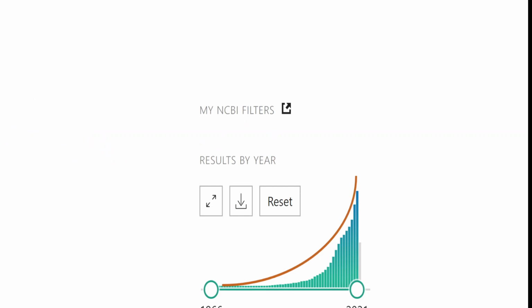Then, let me give you a brief overview of how meta-analysis evolved over time, since its introduction in the late 1960s and up to now. This is my most recent search in PubMed. I was simply searching the term meta-analysis in PubMed, and here are the number of publications published across time.